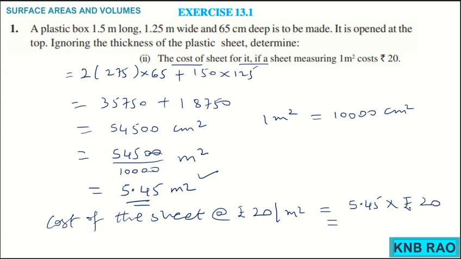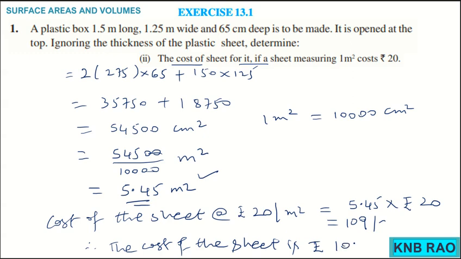So 5.45 multiplied by 20 gives you, the point will be removed, 54.5 into 2, 109 rupees will come. Okay, we will conclude. Therefore, the cost of the sheet is rupees 109.